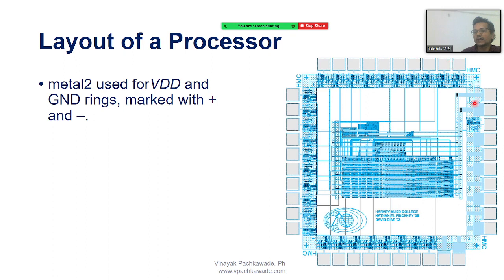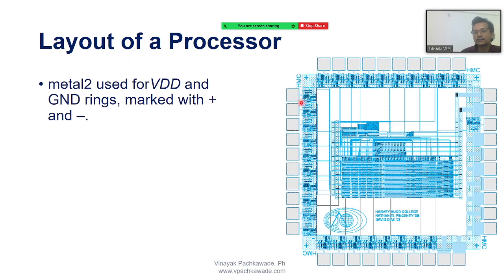Not all 40 I will use for signals, because 29 I have used for signals and the remaining I use for VDD and ground. So can anybody tell me, I use the metal 2 wire, it means in this technology I had metal 1 and metal 2 for sure. So 2 metal wires.